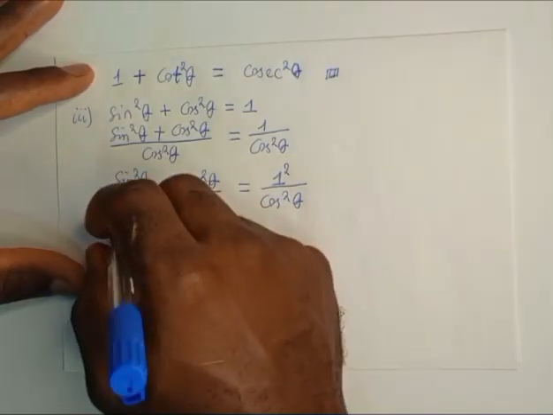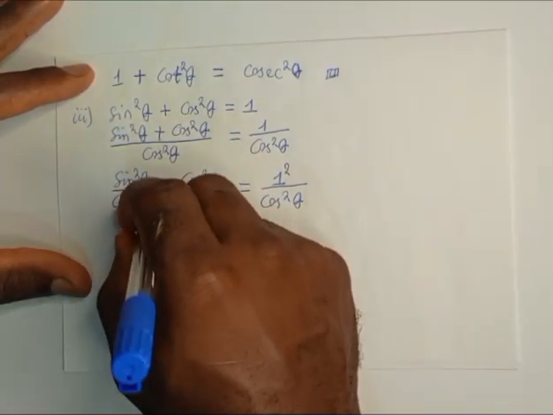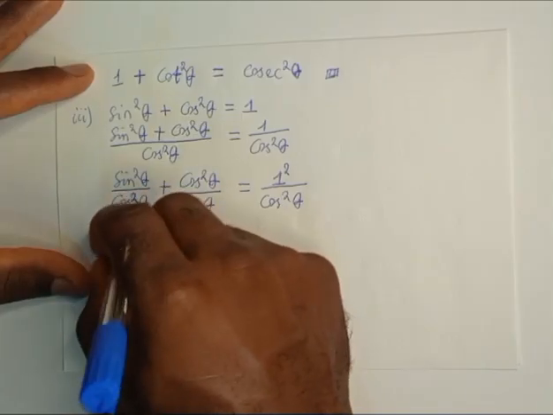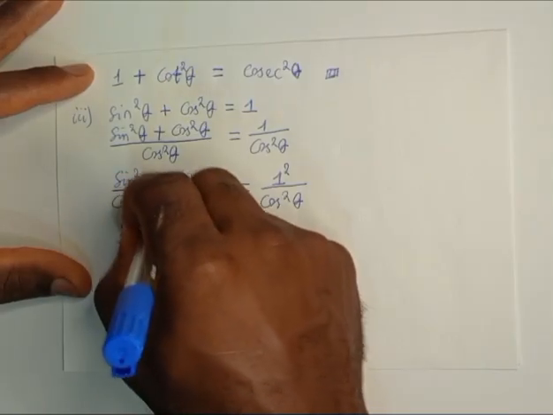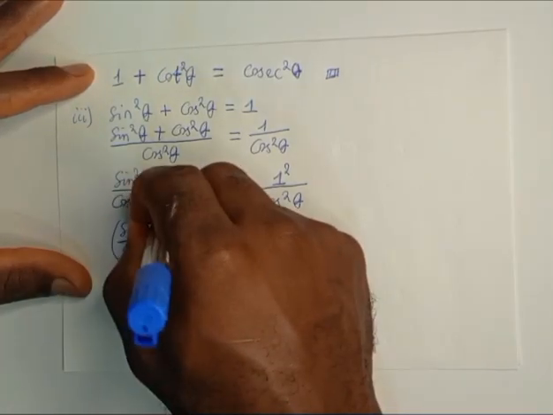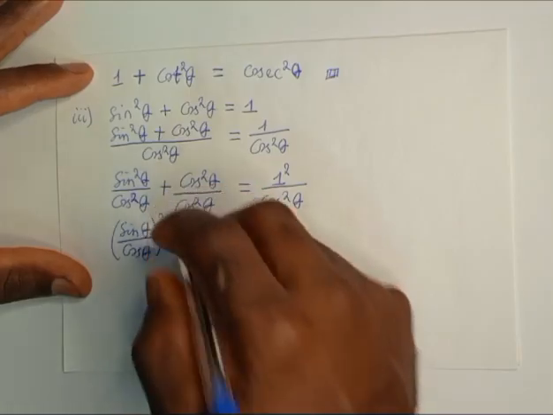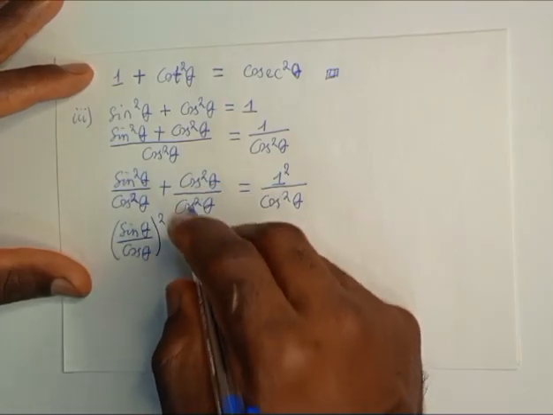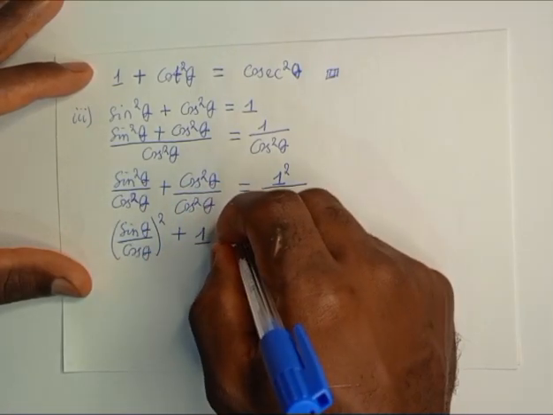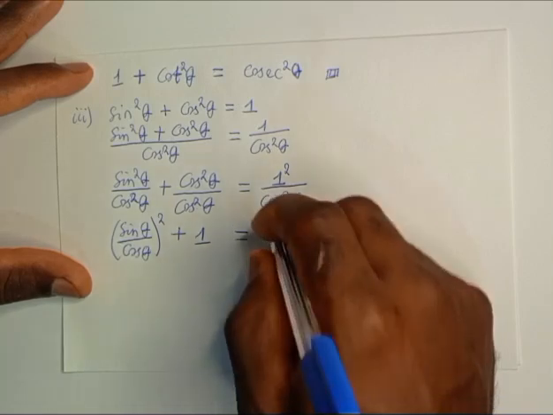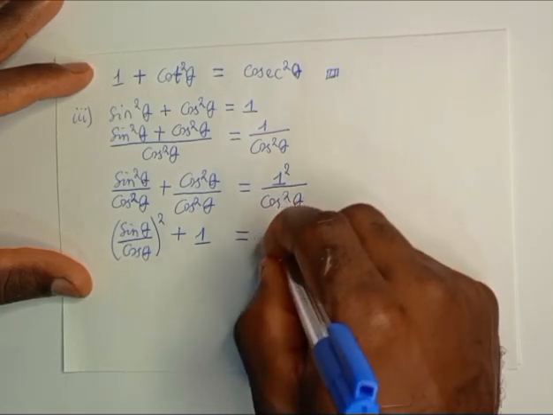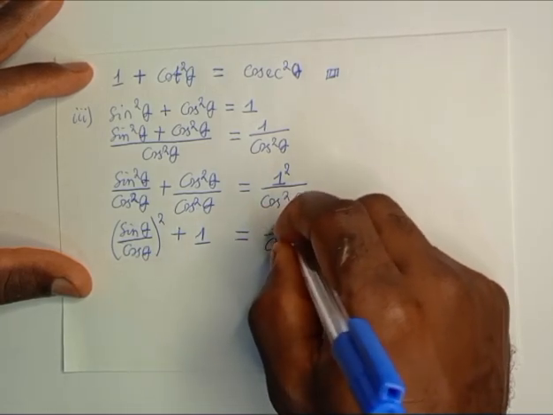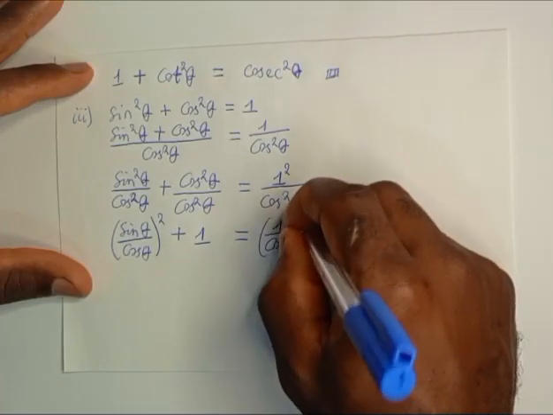Sin over cos, we can express this as sin all over cos, all this squared, plus cos²θ divided by cos²θ gives us 1, to be equal to 1 all over cos, all this squared.